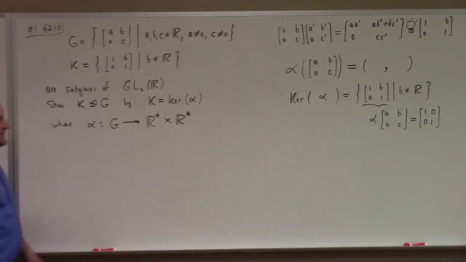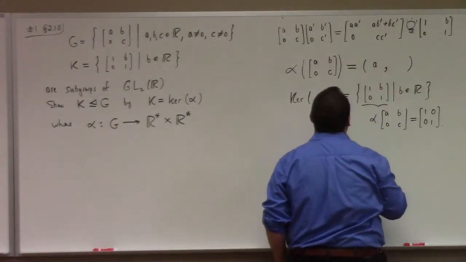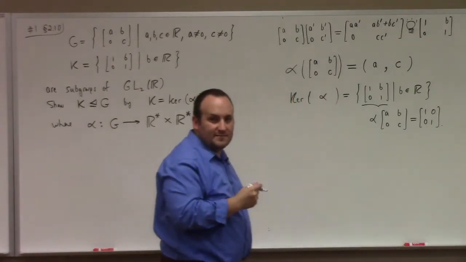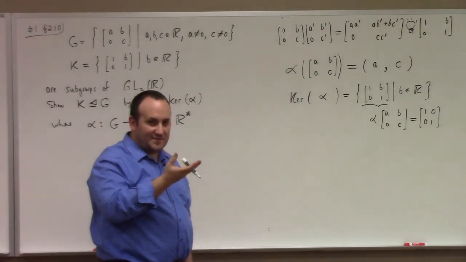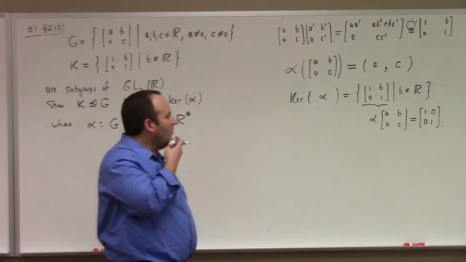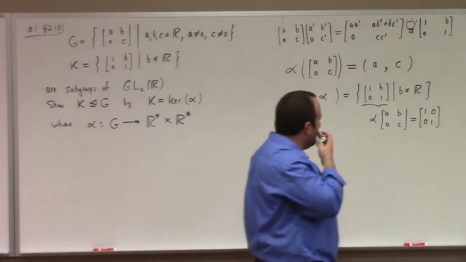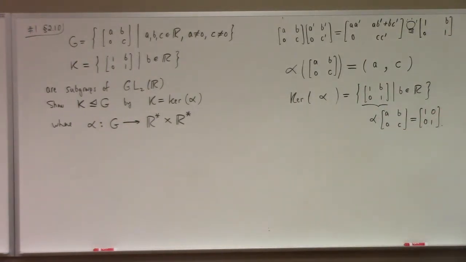You guys are killing me. How about we just do A, C, right? Because then what happens if we put that? Oh, I'm sorry. I see why you're confused now. Maybe I'm the one that's crazy.